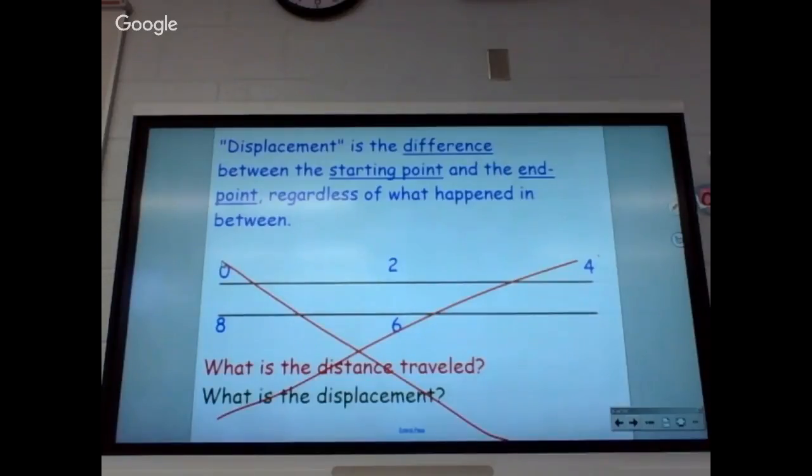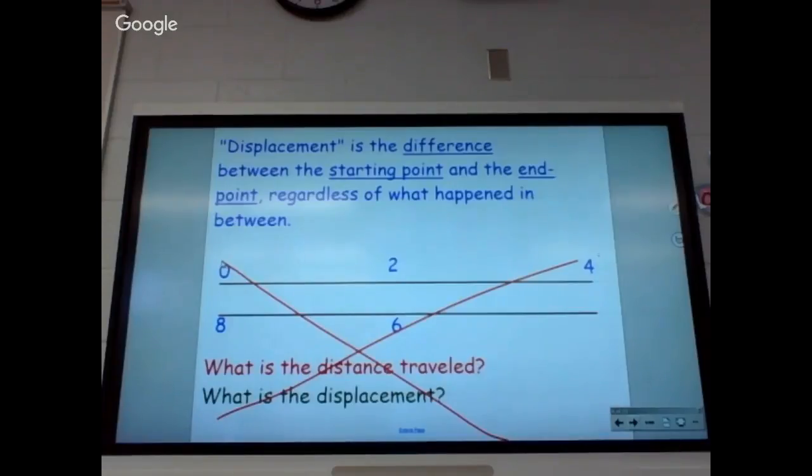For displacement, we're only looking at where we start and where we end. For distance, we're adding up everything.